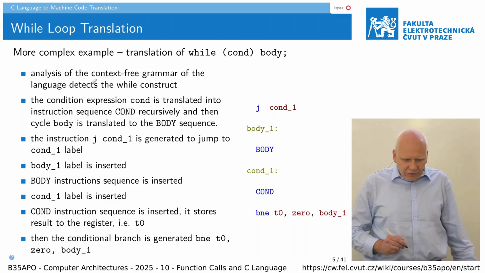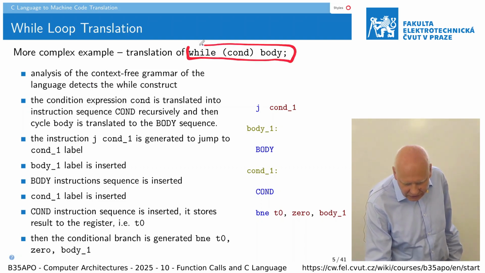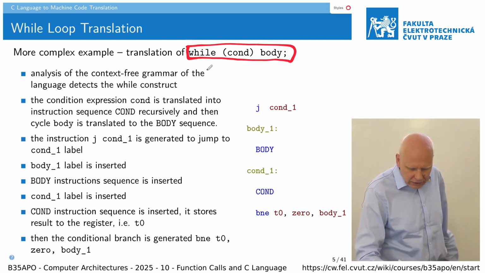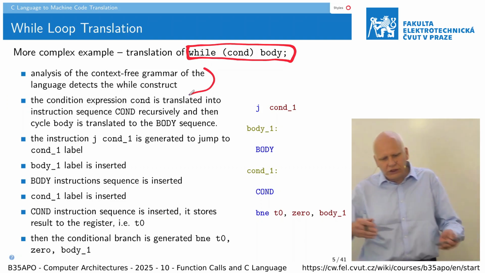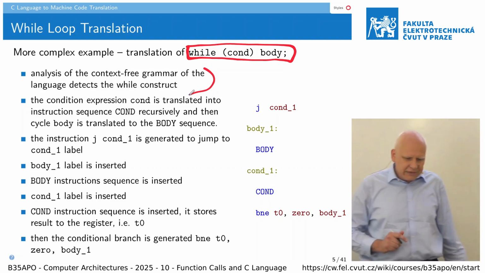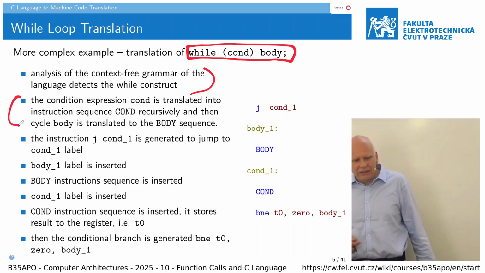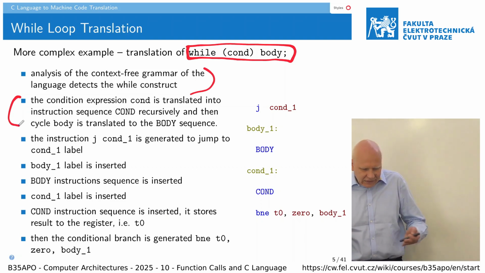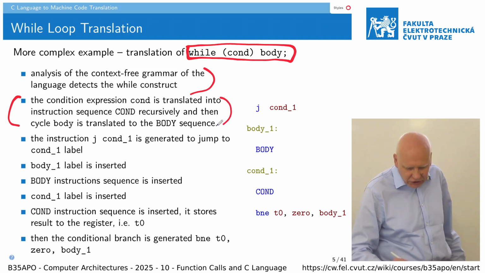Okay, if we go to a little more complex C code, then we have there the while loop. Translation, compilation, and again the first pass finds that there is a while condition body construct. Then the condition expression is somehow translated to some syntax tree which represents the operation.